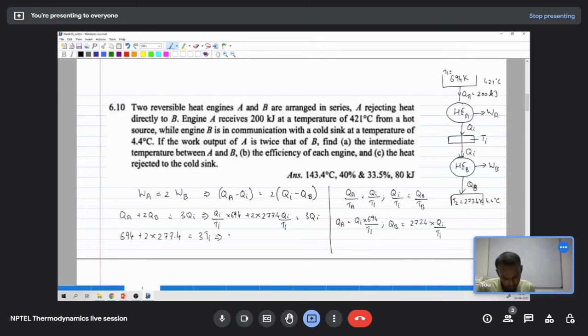So this means TI is equal to 416.26 Kelvin. In terms of degree Celsius, it is 143.26 degrees Celsius.